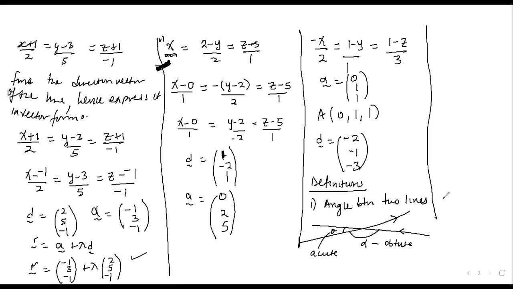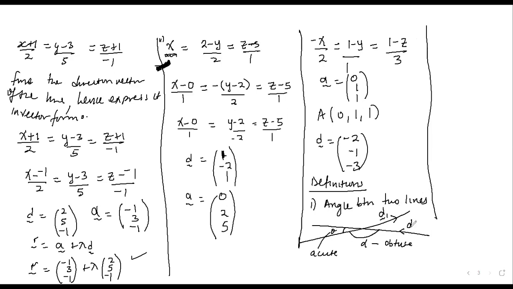Remember I told you the most important thing about a line is what? Direction. The direction what? Vector. So you always use the direction vector to predict most of these items asked for. So one line will have a direction vector D1.